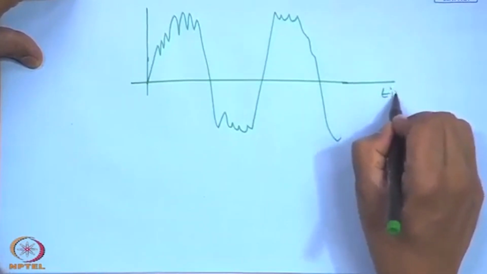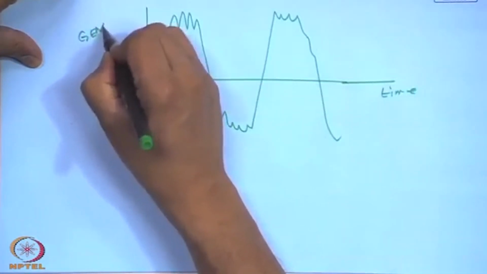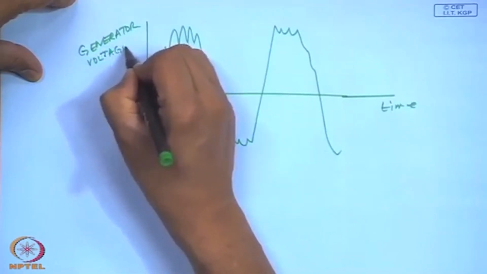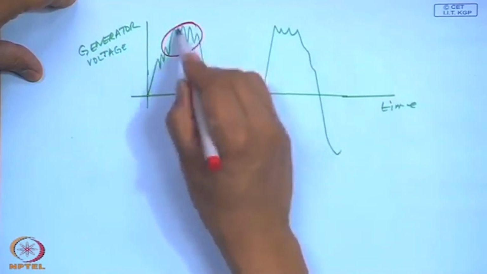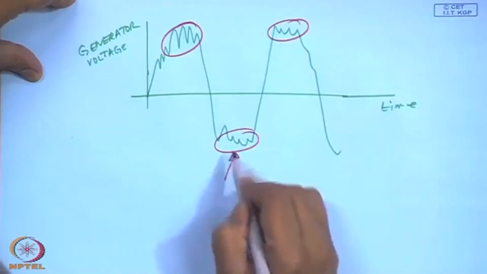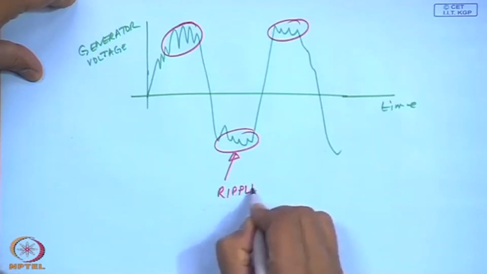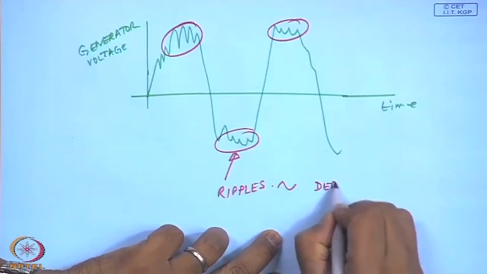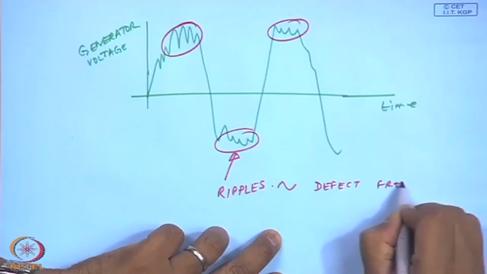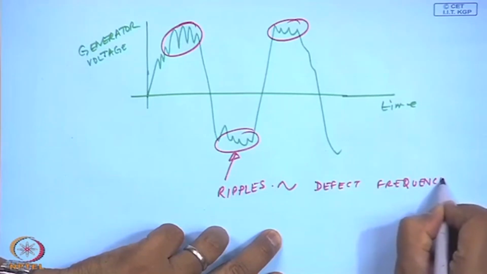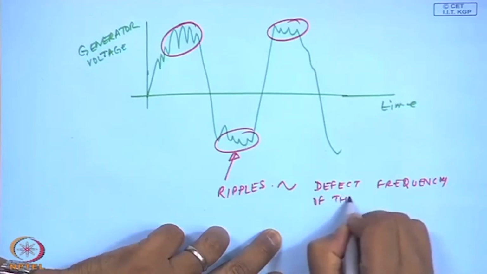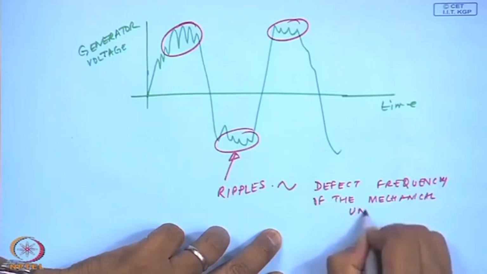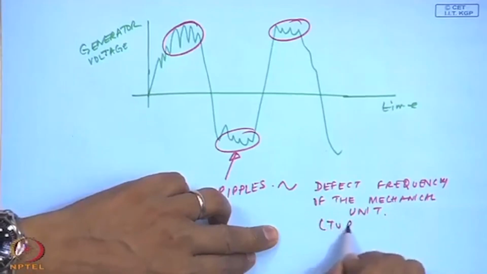This is the time, the generator voltage, and these ripples are at the defect frequency of the mechanical unit, and that is the turbine in our case.